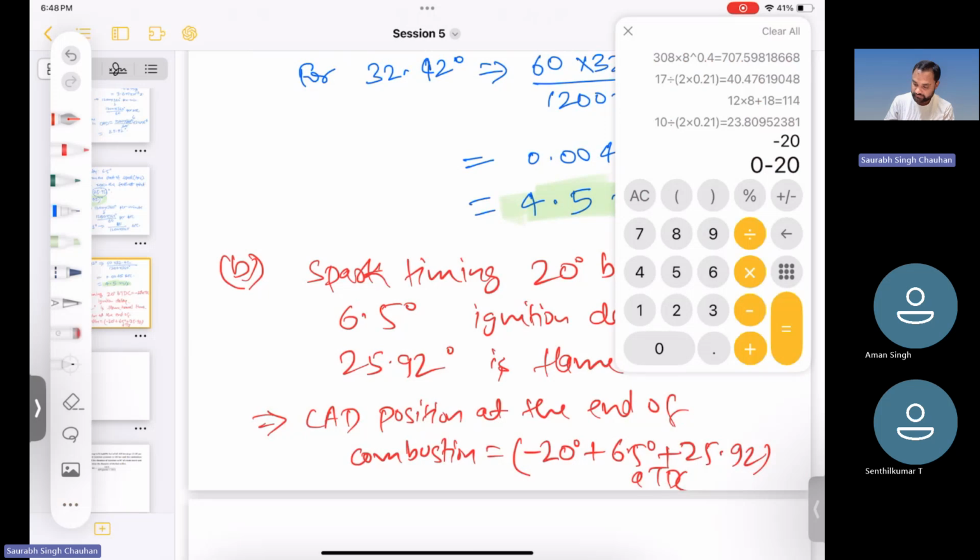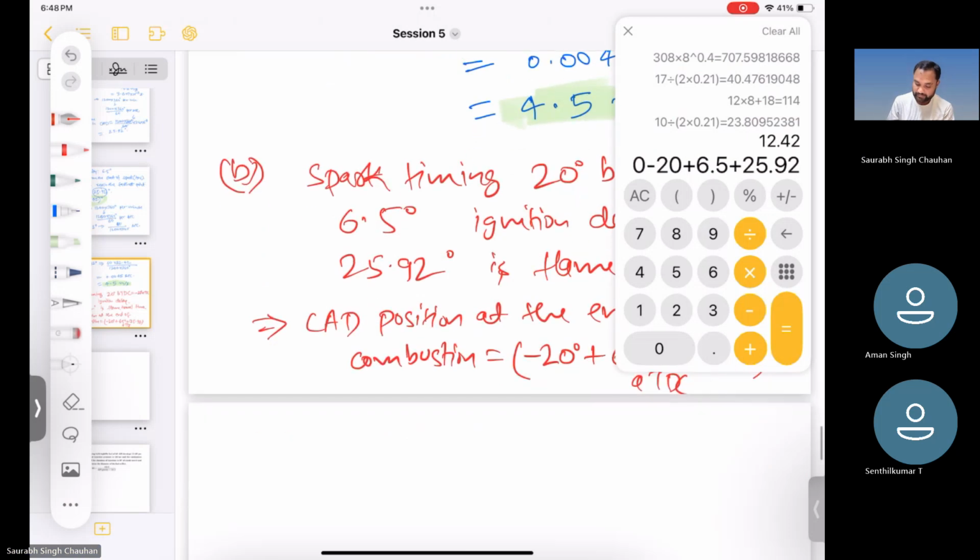Minus 20 plus 6.5 plus 25.92 is 12.42 degrees after top dead center. So this will be the CAD position when the combustion will be completed, right?